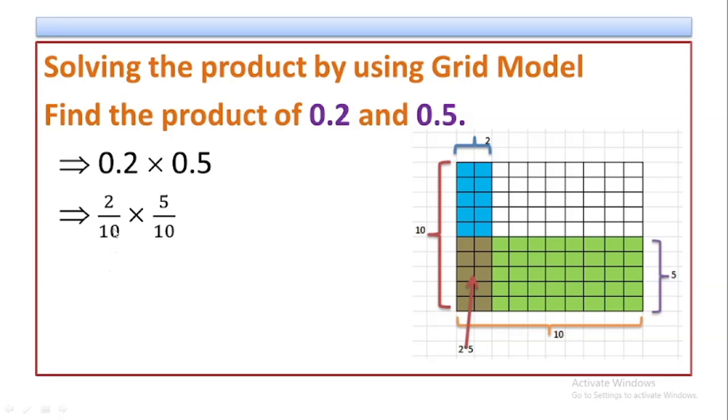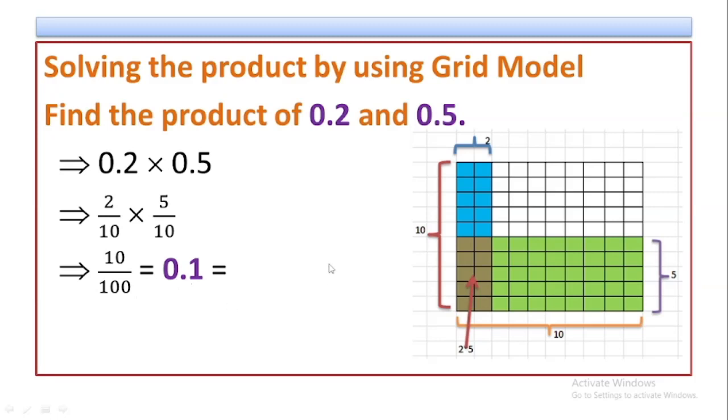What do you mean by 2 over 10 or 5 over 10? Try to determine it on the table. According to the rule, the product will be 2 times 5 over 10 times 10. 2 times 5 is 10, 10 times 10 is 100. The result will be 0.1.